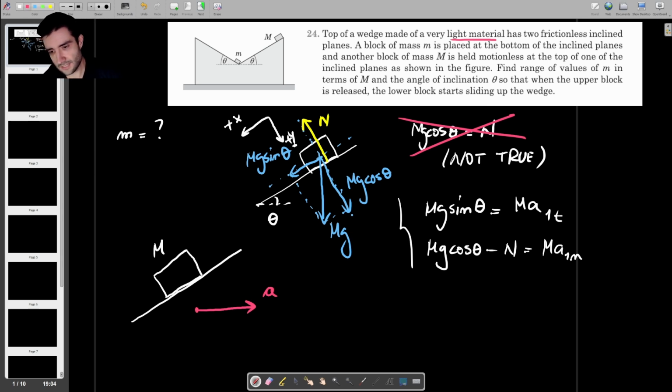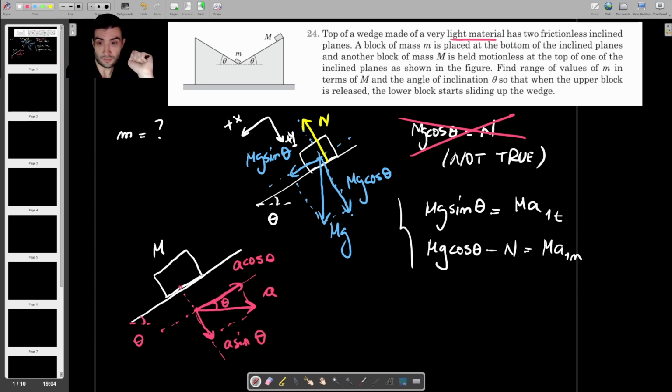If we look at this acceleration and decompose it into tangential and normal components, we know the angle is theta, so this angle is theta too. So this is A cos theta, and this right here is going to be A sine theta.